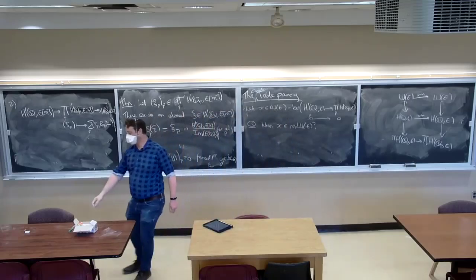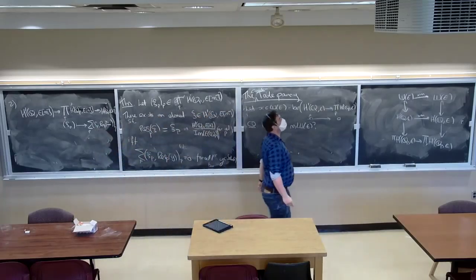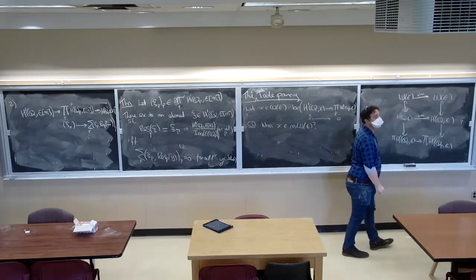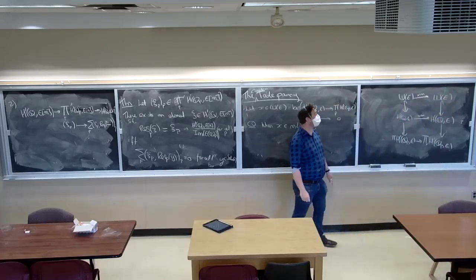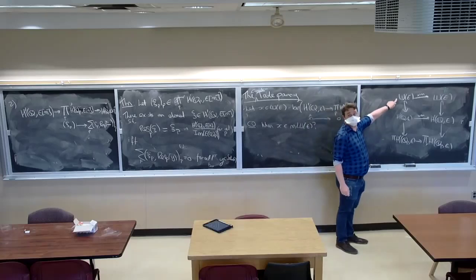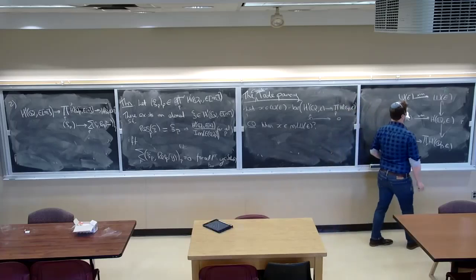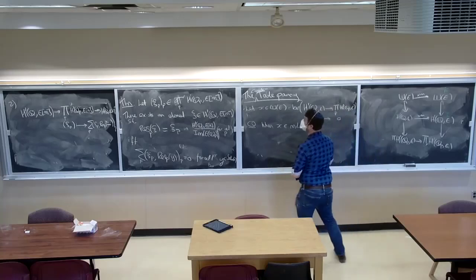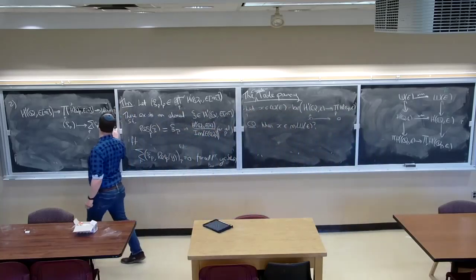And my starting point is that I have an element x over here. And I would like to know, when does x come from an element over here? So x is in here, so x is in here. And I'm going to make one huge simplifying assumption.